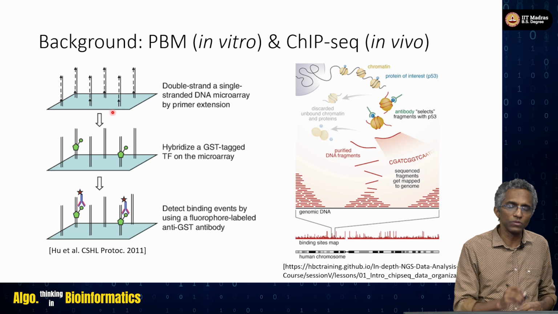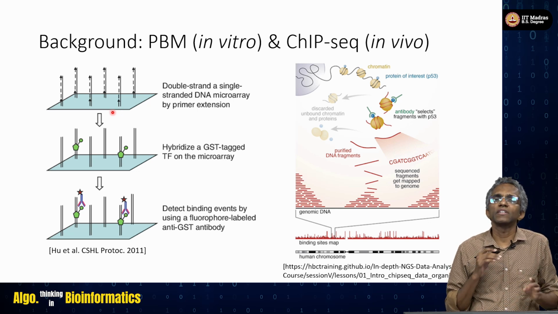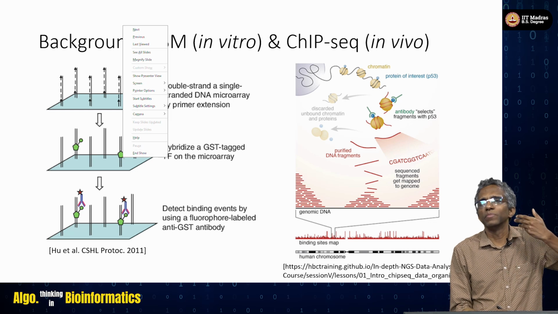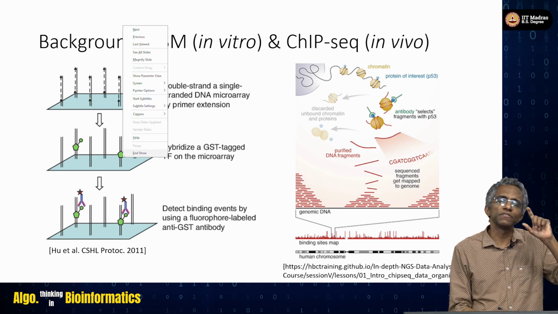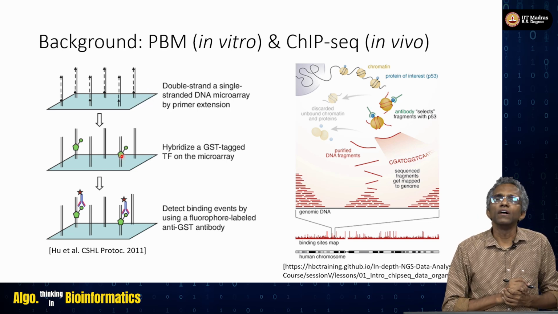These are all printed onto this film, and then you expose that to the protein of interest, the transcription factor of interest. The protein will bind to certain DNA fragments that it likes to bind to, because proteins do not just bind randomly to all the fragments; they have certain affinity. It only binds if it sees a certain pattern in the DNA, so it binds to a particular subset of DNA fragments.